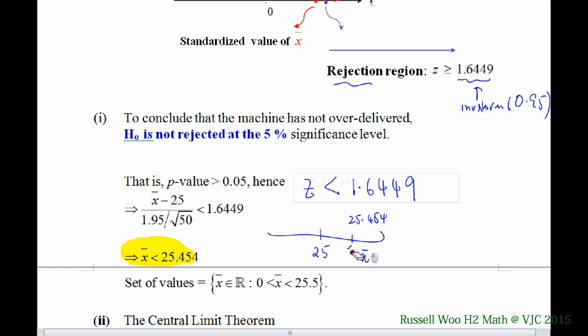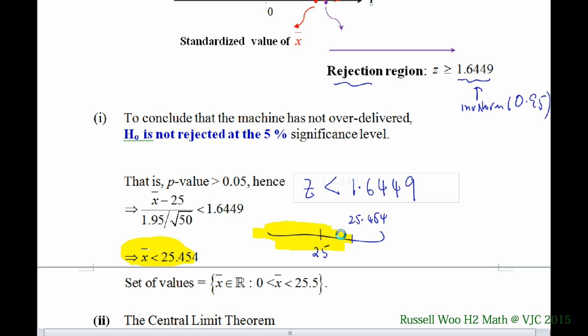As long as you observe your sample mean around here, then you will not reject H0, then you will not conclude that it has over-delivered. Or rather, you conclude that it has not over-delivered.